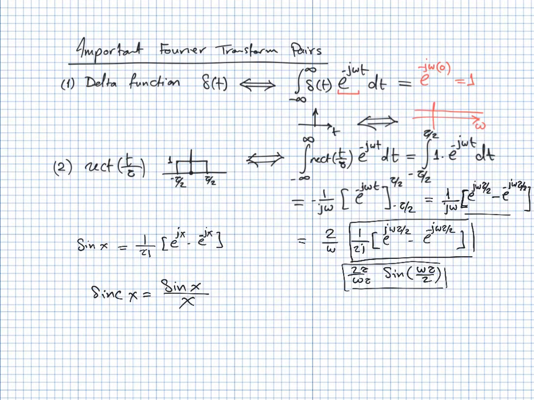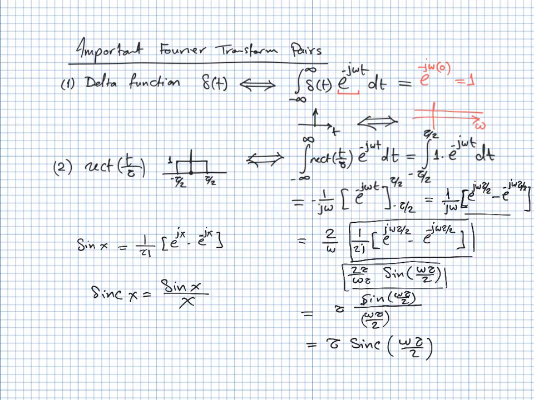Okay, so I stay the same value, and then I end up with tau multiplied by 1 over omega tau over 2, and the 1 up there is multiplied by the sine, so sine omega tau over 2. So now I end up with sine x divided by x, where x in this case is omega tau over 2, right? So I can write this as tau sinc of omega tau over 2. And that's the final expression for the Fourier transform of the rectangular function.